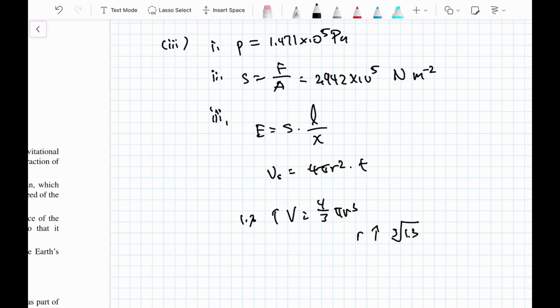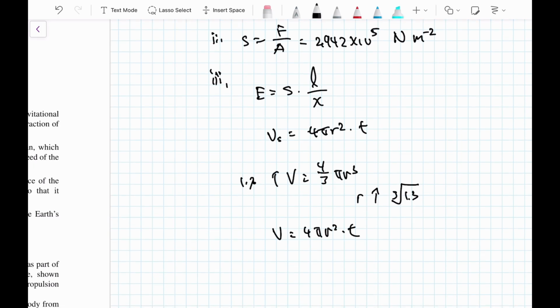Now then, the change in thickness. Okay, so V in this case we assume is 4 pi r squared times the thickness. So what we have over here is that the volume remains constant, yeah? So 4 pi r squared times t, and then we have t prime.